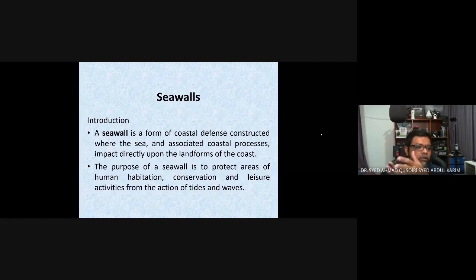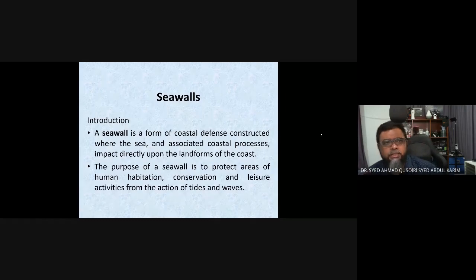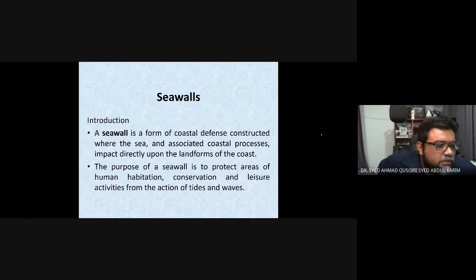So meaning that there is no more space to be given to the sea. So this is where you have to build a seawall, normally to protect areas of human habitation, conservation, and leisure activities. Okay, so you do not have space to be given.